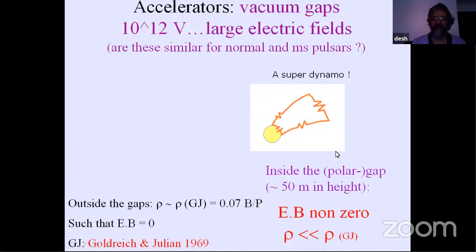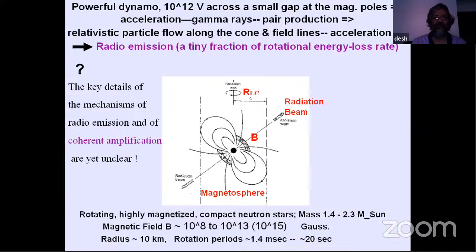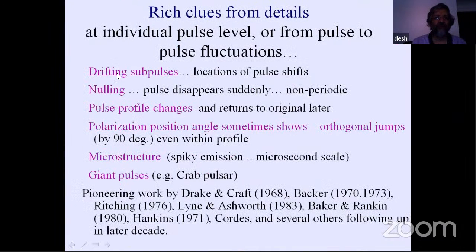What is happening inside the polar gap is something where, if there are sparks in certain locations where the potential difference drops momentarily because of the flow of a current, like in a capacitor, you will find that leads to this structure which has these discrete spots, and if there is rotation of the system, you will see drifting subpulses, which you can study.